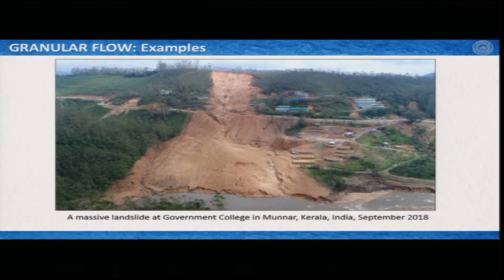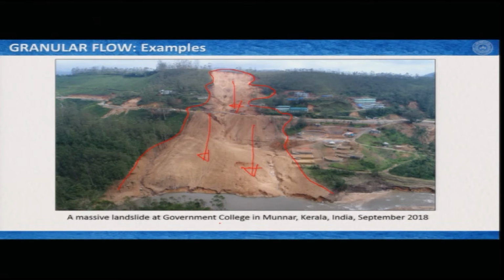Now, another example, also very recent, is in Kerala. Last year we had a significant flood there, and that flood was associated with a lot of devastating landslides. This is an image which I collected from the Government of Kerala website, and you can clearly figure out that this is one landslide. Materials from the top flowed towards this direction; they just rolled in this direction.